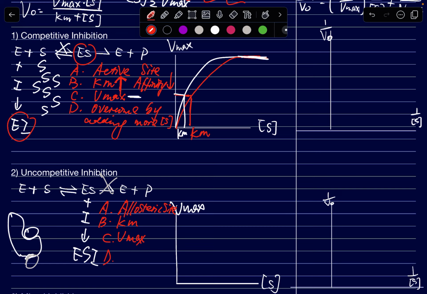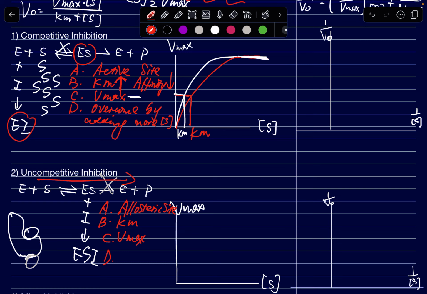According to Michaelis principle, I never got rid of the substrates, so the substrates are still binding to the enzyme. The system would think, oh, where's my product ES complex? I don't see that. So it's going to push the reaction forward toward the ESI side.